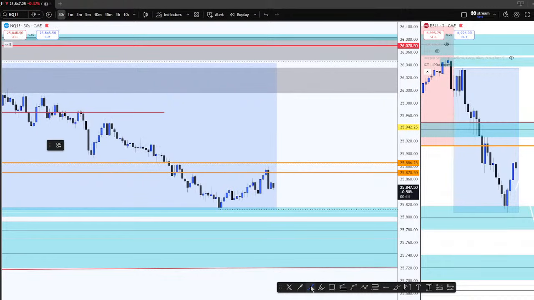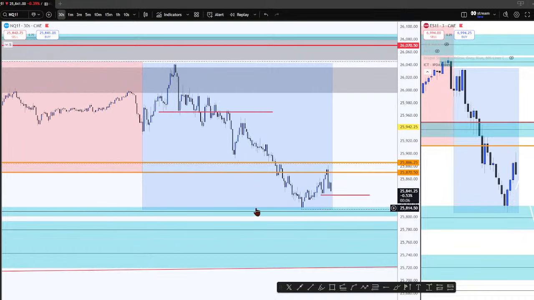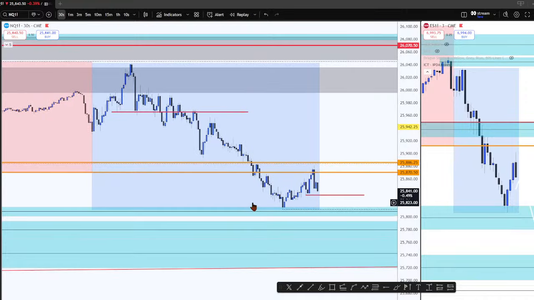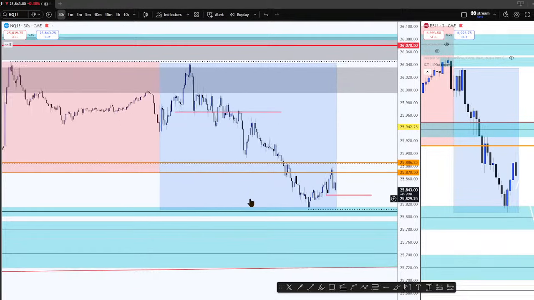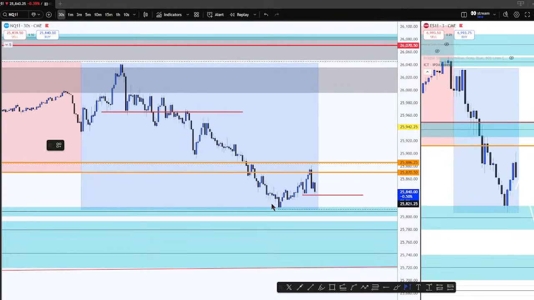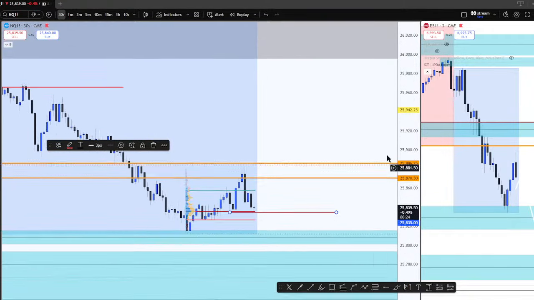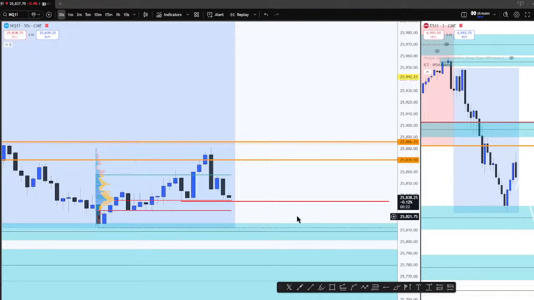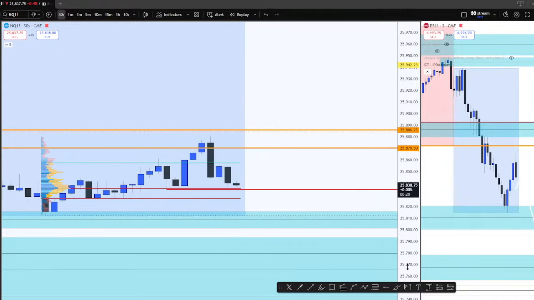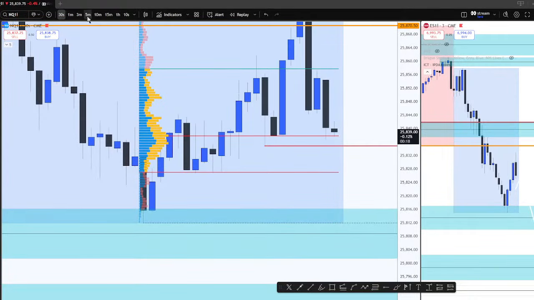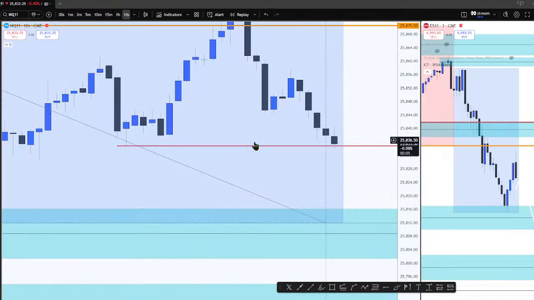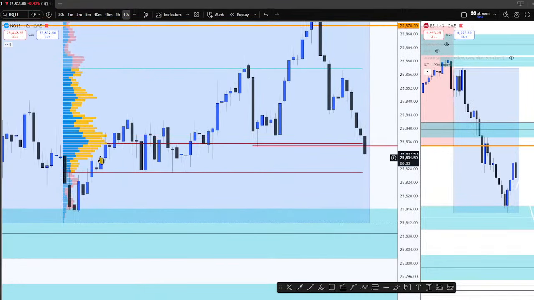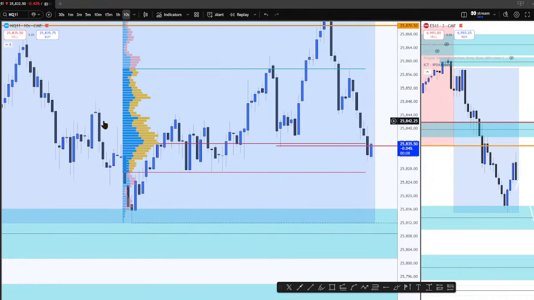Let's see if this strong low holds here. Let's see where they're long at here. Oh yeah, all the longs are red now.